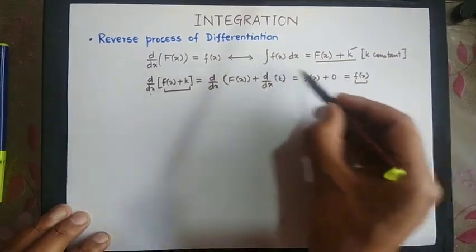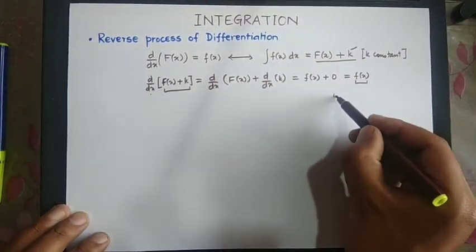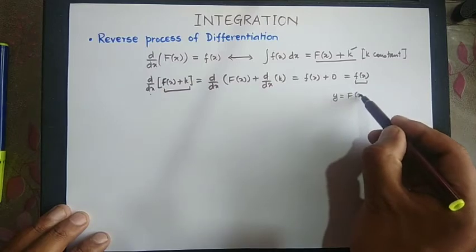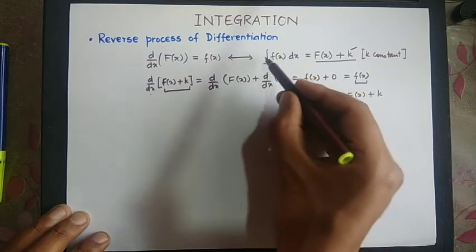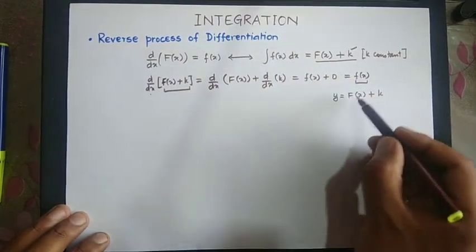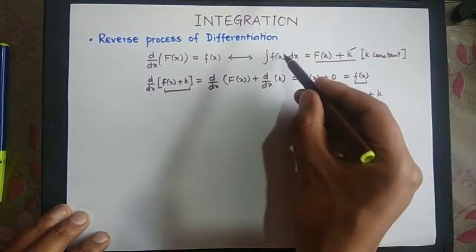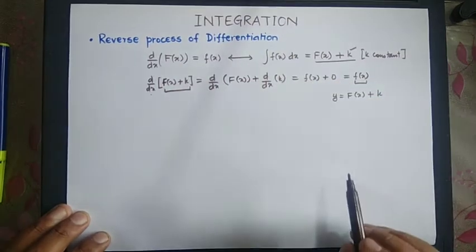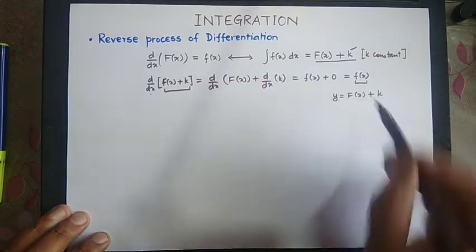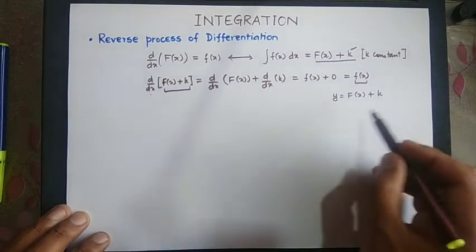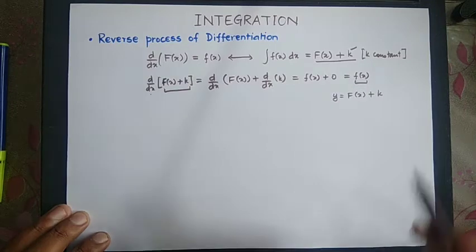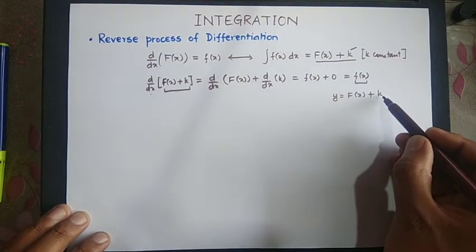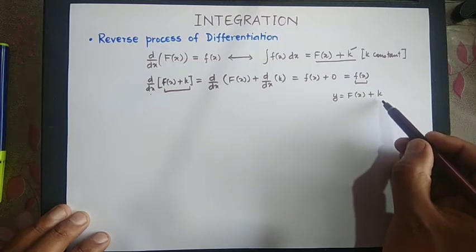If I call this y, that is y equals capital F(x) plus k, where y is the integral of f(x). Now if I draw the graph of this function, I'll get many graphs for the same answer. Why? Because there's a constant term here, and this constant may take any value: it can be 0, 1, or 2.